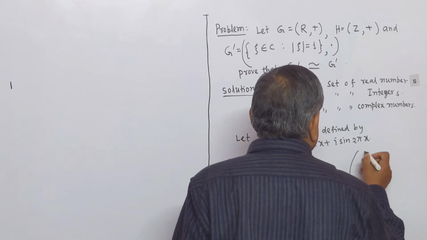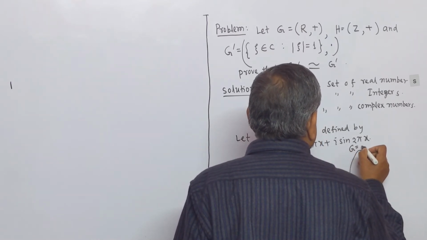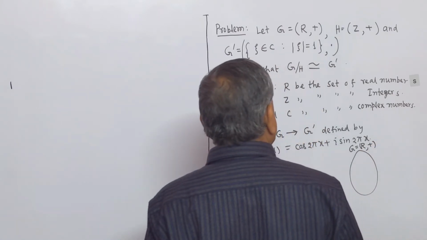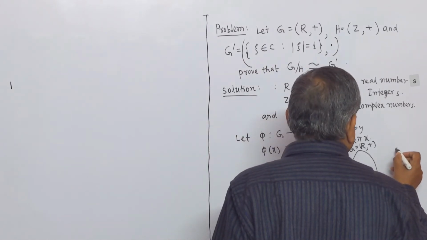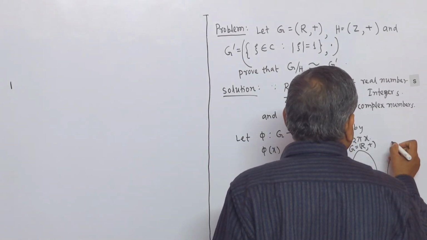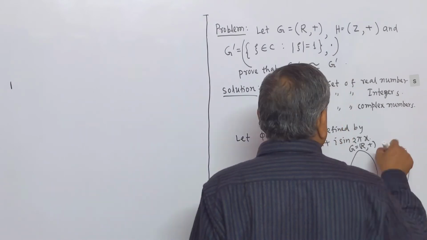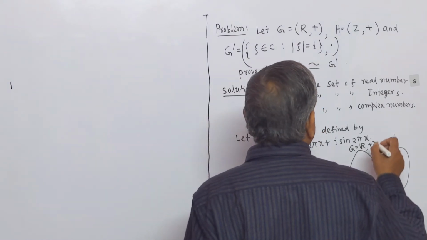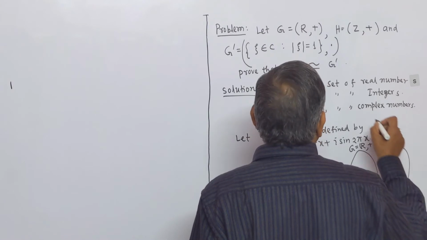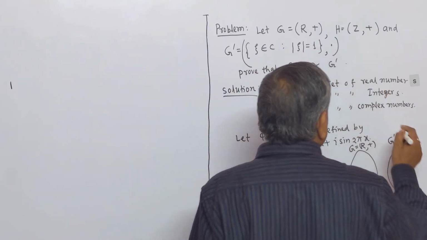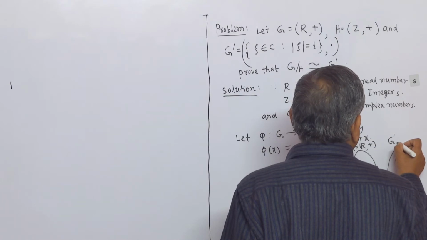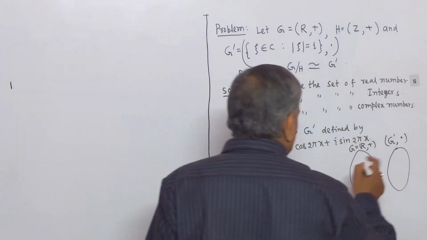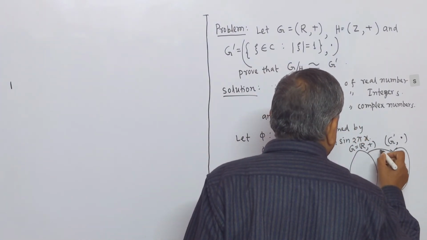Here we have G is R with binary operation plus, and G prime contains all those complex numbers whose modulus is 1, and this G prime with binary operation multiplication, and phi be the mapping.